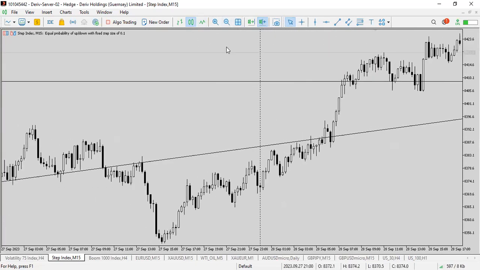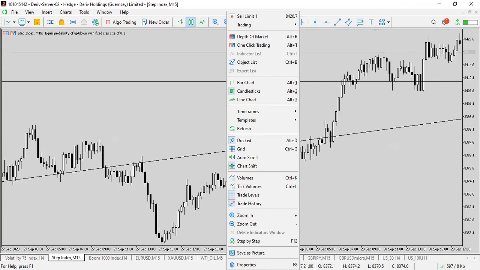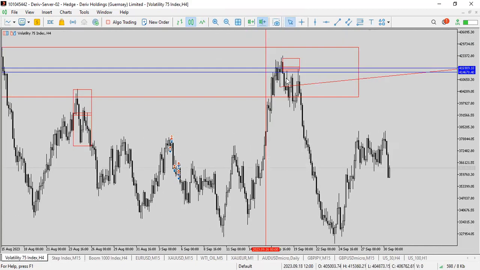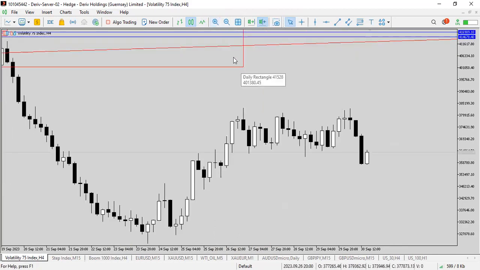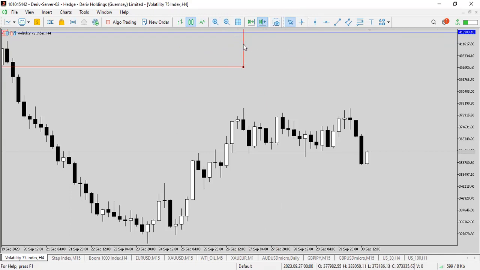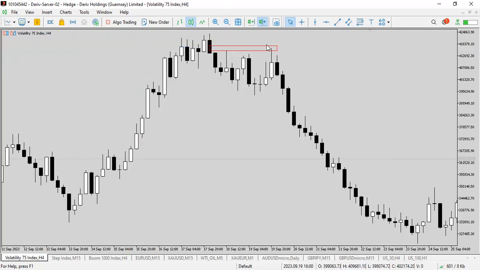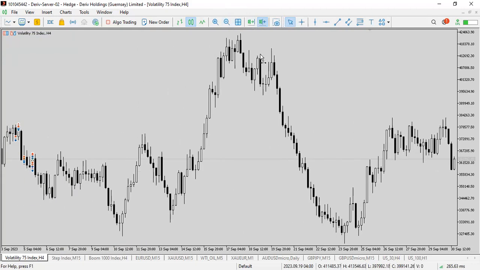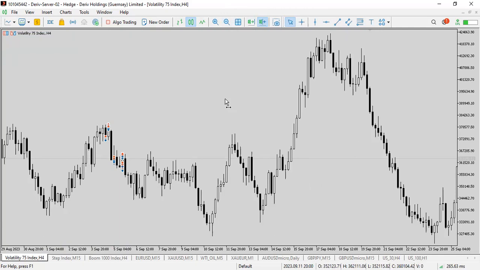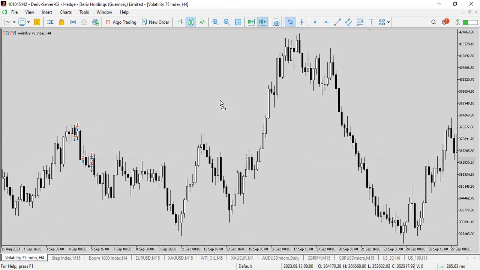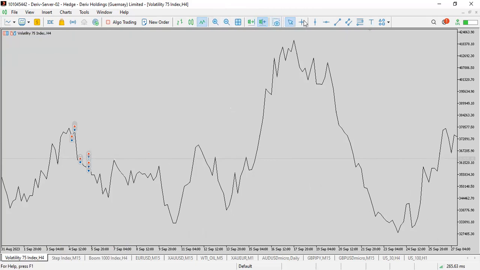So let's do volatility 75, and see the difference. This is 4 hours, volatility 75. Do we have a breakout here?